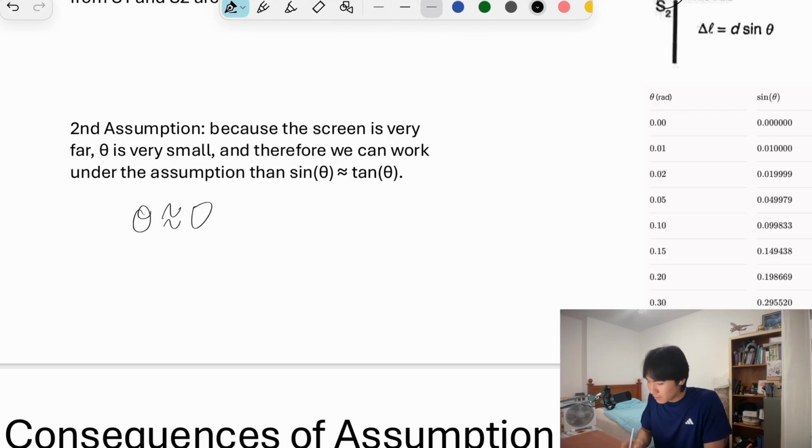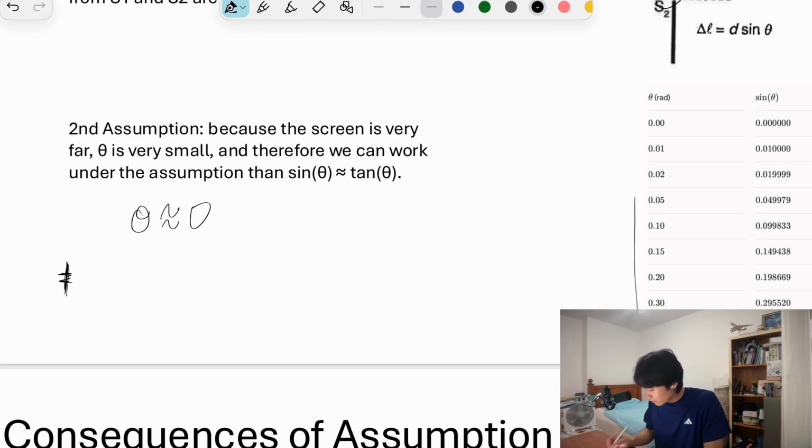Say that you have two slits here, and then maybe you have the screen here, and let's say this is the middle of the two slits.